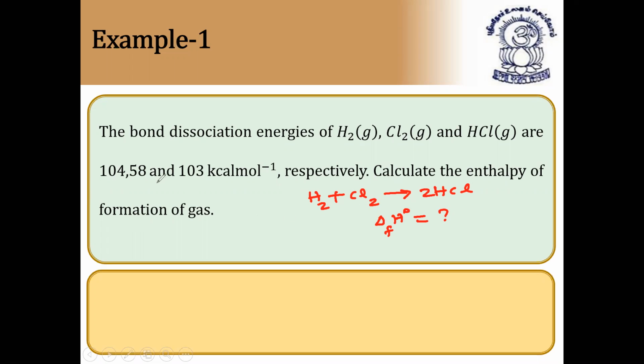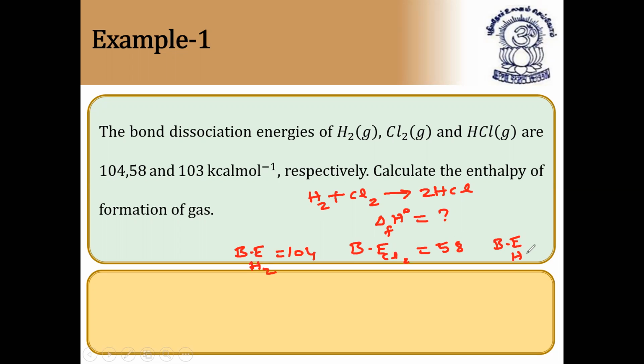They have given the bond dissociation enthalpy of hydrogen as 104. So bond enthalpy of hydrogen is equal to 104. And bond enthalpy of the chlorine molecule is 58. And bond enthalpy of HCl, for one molecule, is equal to 103.